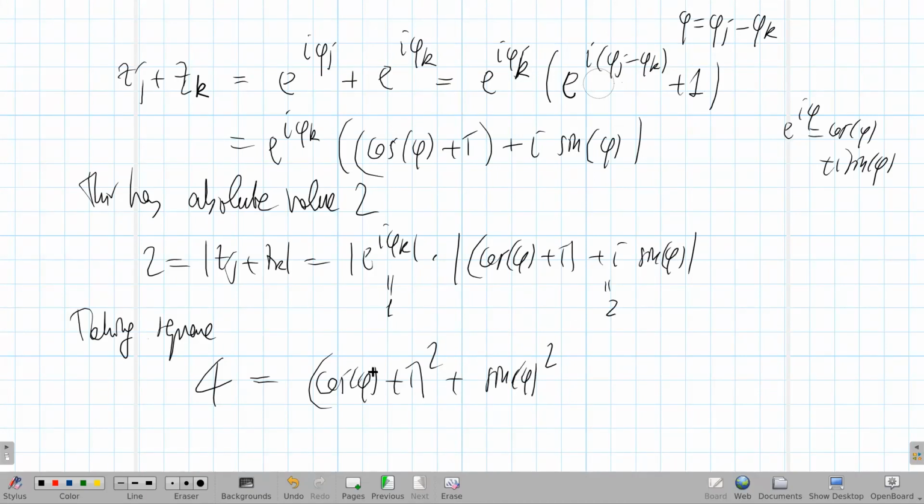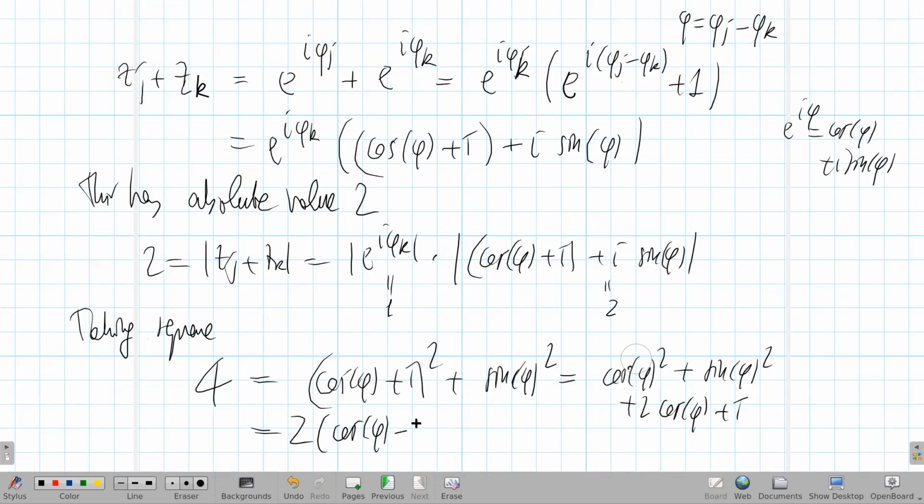So we have an identity in real numbers: cos phi squared plus sin phi squared, and then plus 2 cos phi plus 1. Of course, cos squared plus sin squared is 1, and so there's 1 here. So 2 cos phi plus 1.